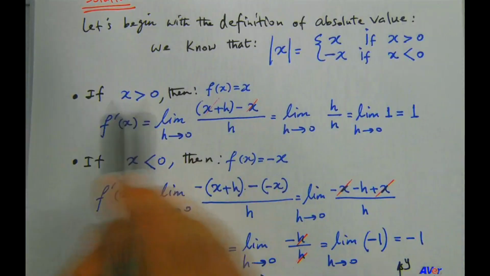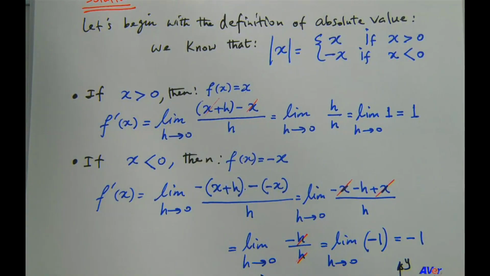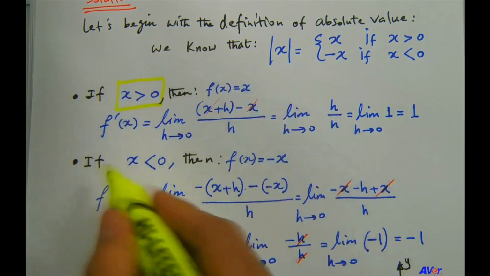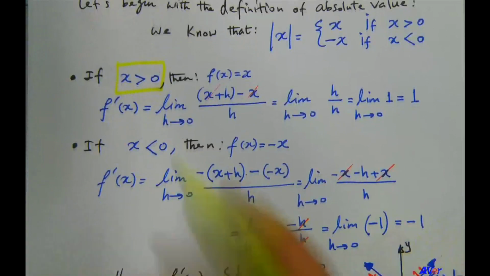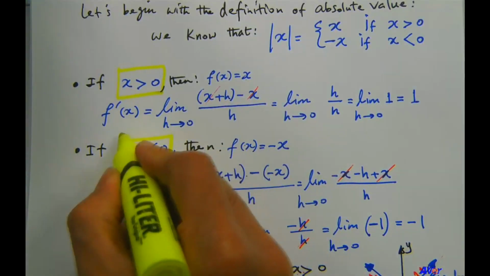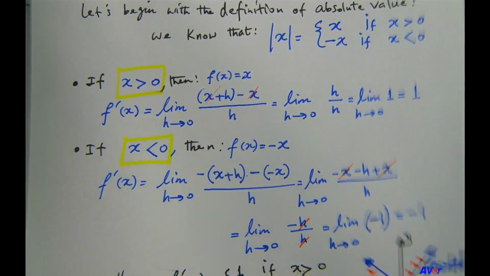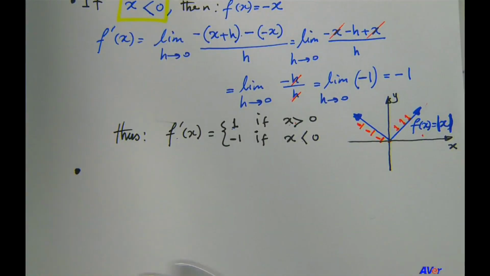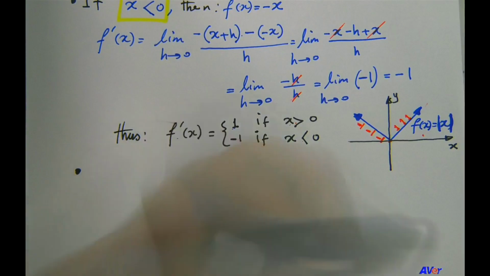So we've done that. If x is greater than 0, we did that. We looked at this case where x was less than 0, and also when x is equal to 0. So let's look at that.